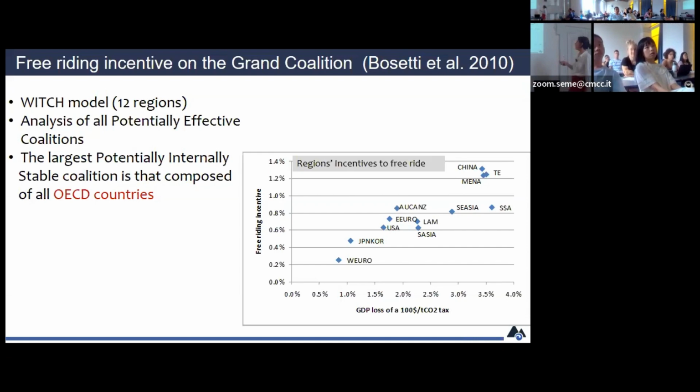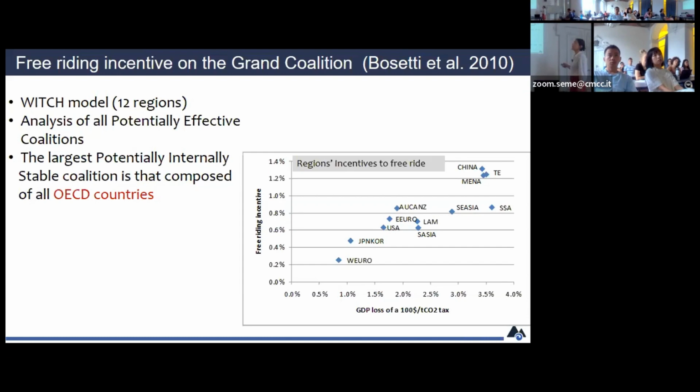And this is a graph that I find useful. At some point we wanted to see the free riding incentive. This is the reaction of GDP loss to a $100 tax in that region.